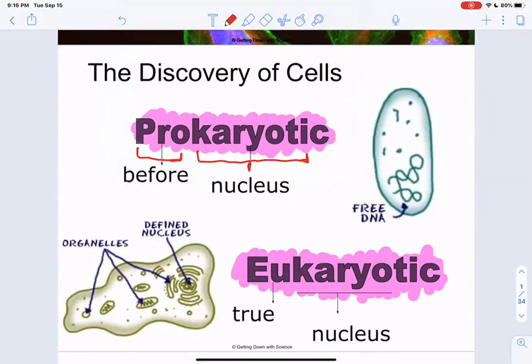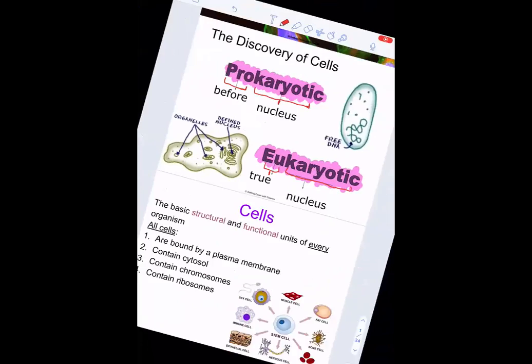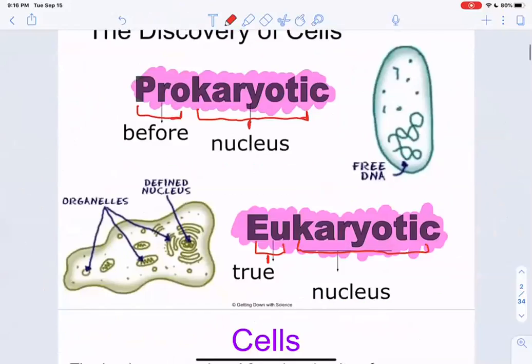When we look at eukaryotic, karyotic will mean nucleus, and then eu is going to mean true. What you're going to need to know is the differences and similarities that exist between prokaryotes and eukaryotes. And we're going to go through them right now.